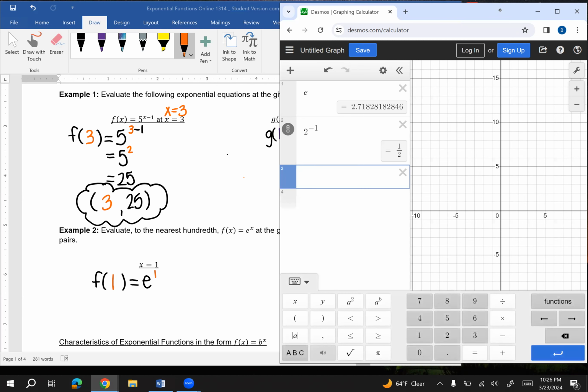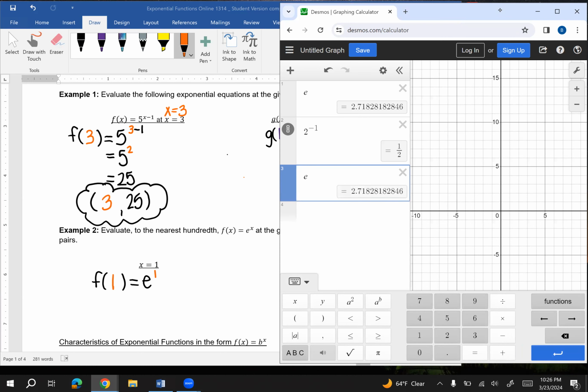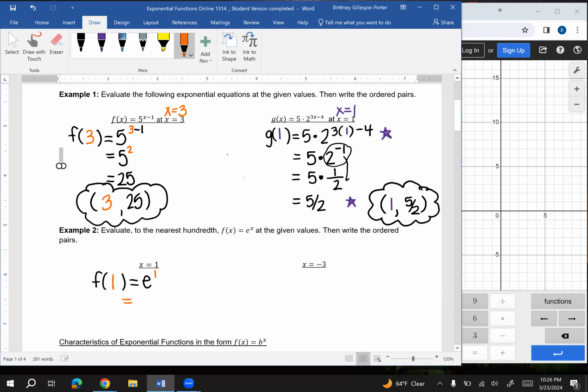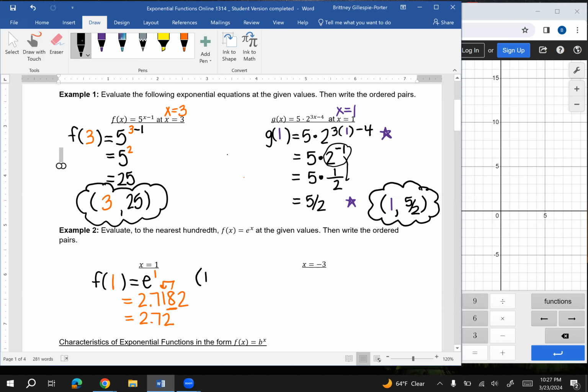Remember that e to the 1 is the same thing as e, but if you wanted to double check it, we get 2.7182. We're rounding to the nearest hundredth. That 8 is enough to round us up, and we get 2.72 for our y value, which means that our ordered pair is 1, 2.72.